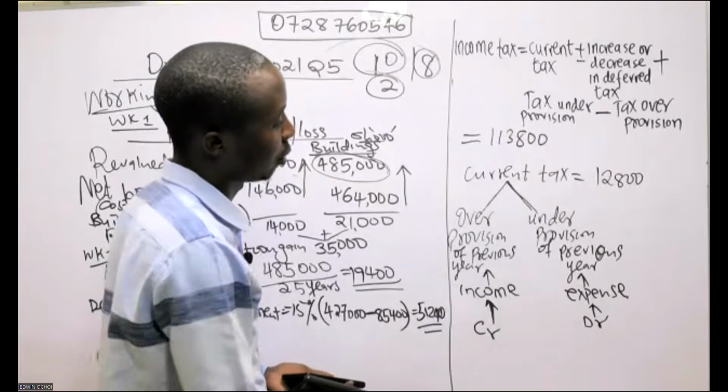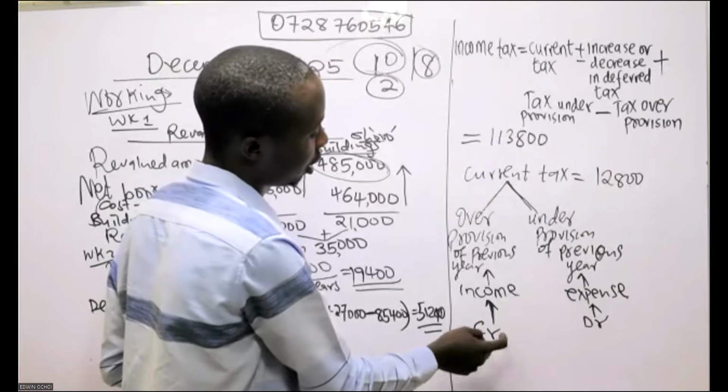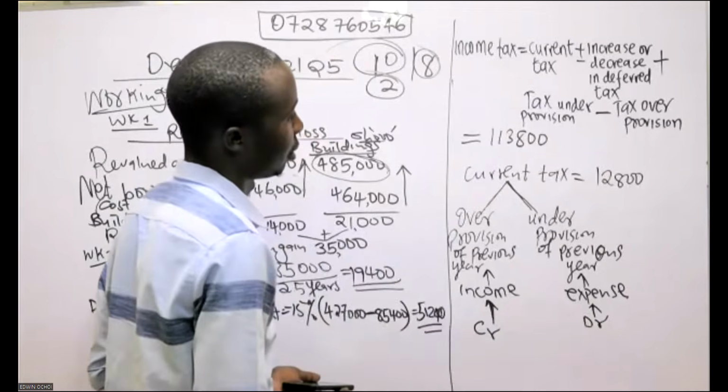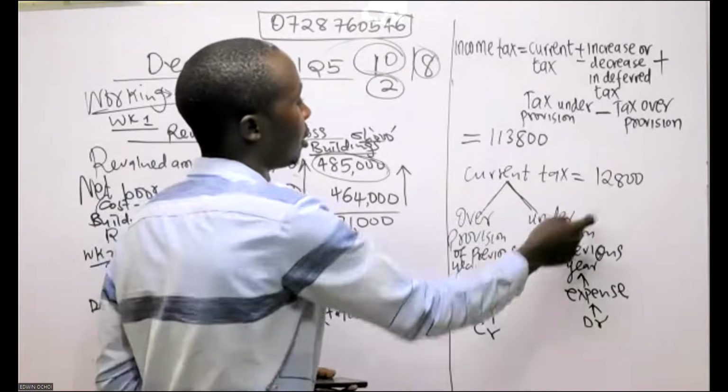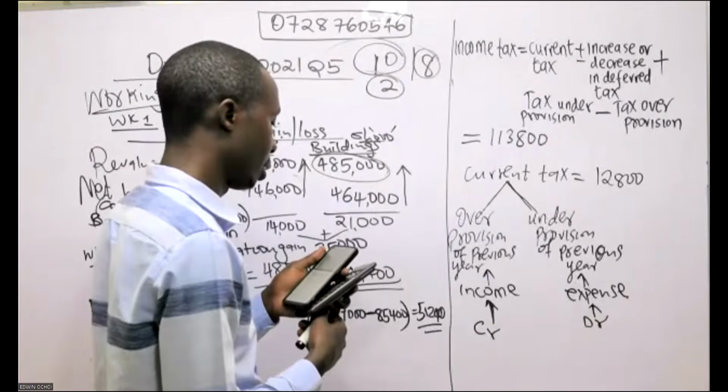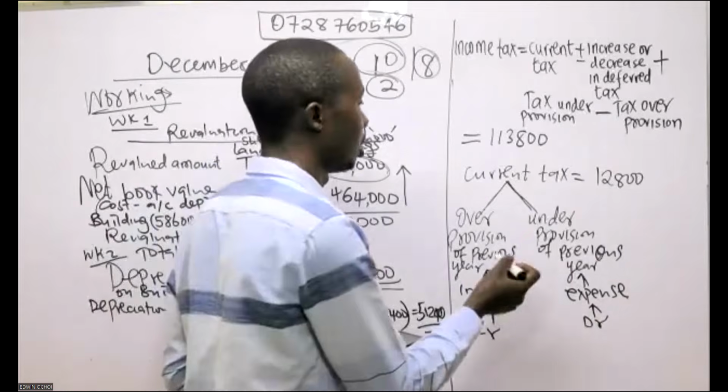So this current tax, was it on the credit side or debit? The 12,800 was on the credit side, meaning that it is an over provision.